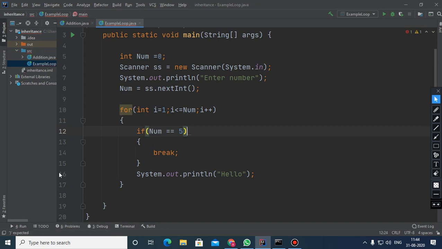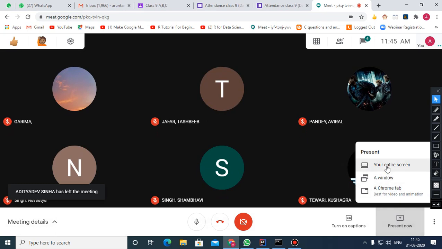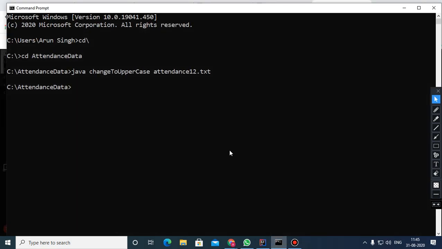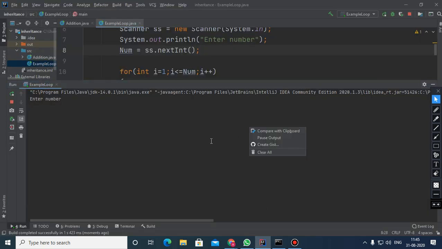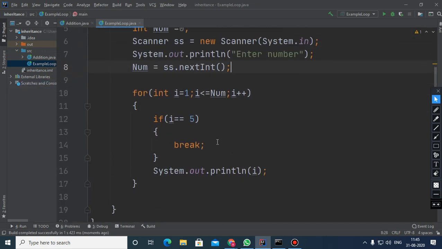So children, here the loop will terminate when the value of i becomes 5. You can see that, suppose I have entered 10. The loop will terminate when the value of i becomes 5, because at 5 we have to break.